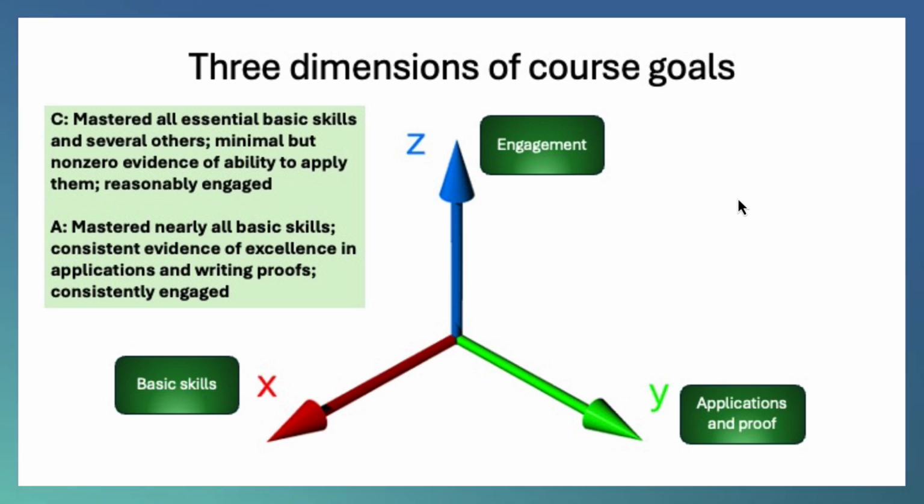Both the x and the y axes are of equal importance in a class like this. And that's why I chose to deal with this class in the main keynote presentation, because even though you may not be a math or a CS instructor, I think a lot of classes are like this, whether it's philosophy or sociology or what have you. There are basic skills to master, and then there's further up the Bloom's taxonomy pyramid skills that need to be mastered as well.